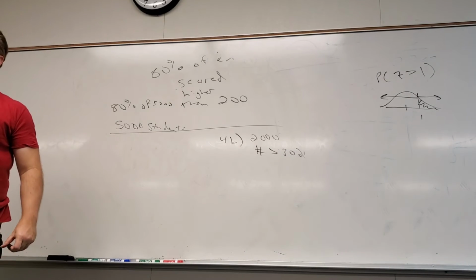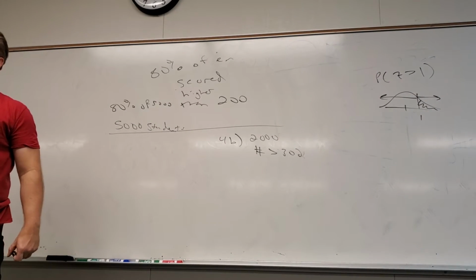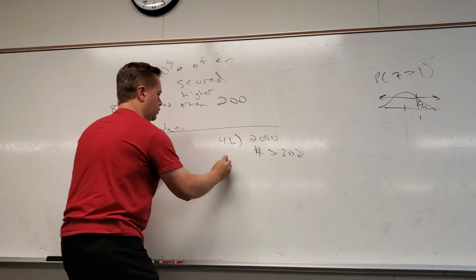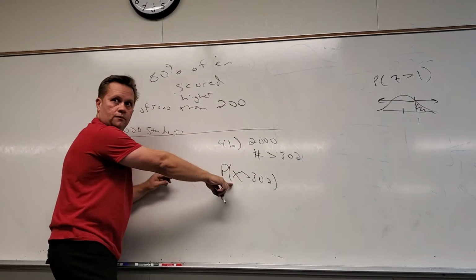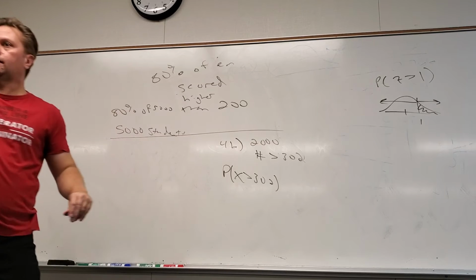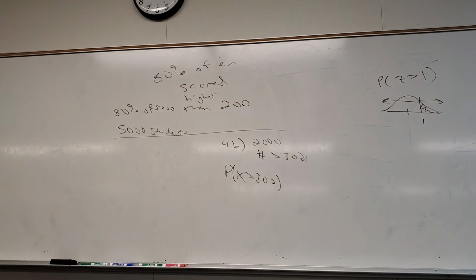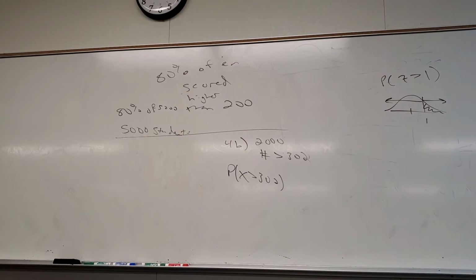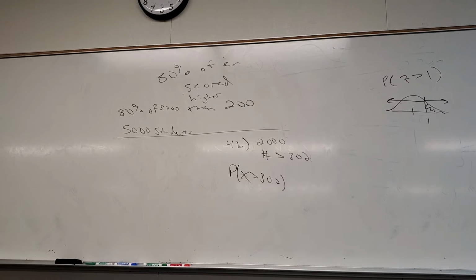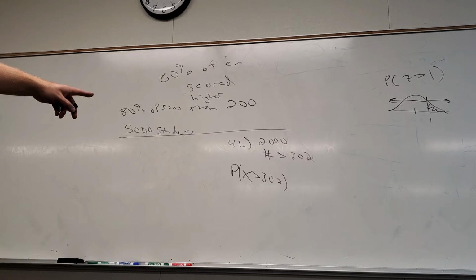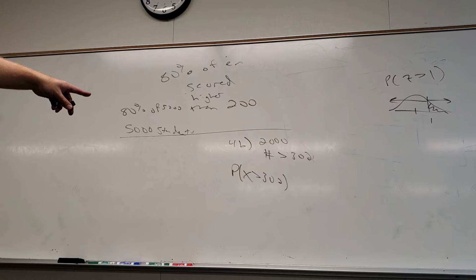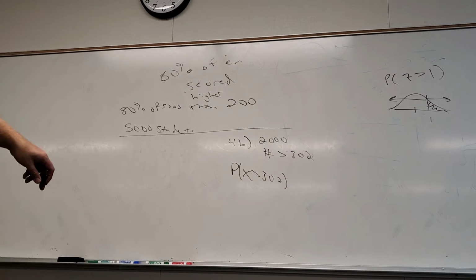Your answer to 4-1A. What is the percentage that scored greater than 302? Well, that's exactly what you calculate in part A above, right? Isn't that the first problem in 4A? Figure out the probability or the percentage above 302.